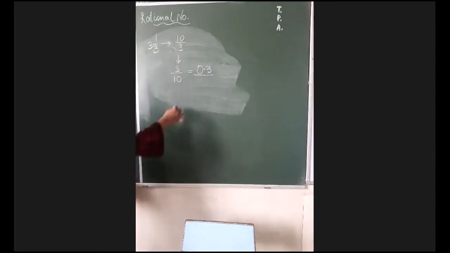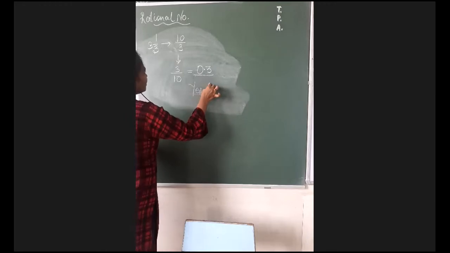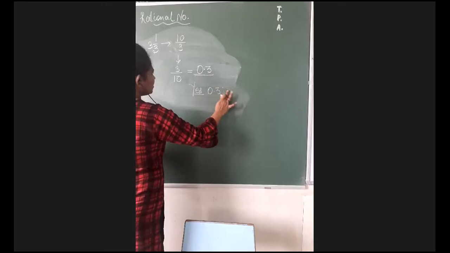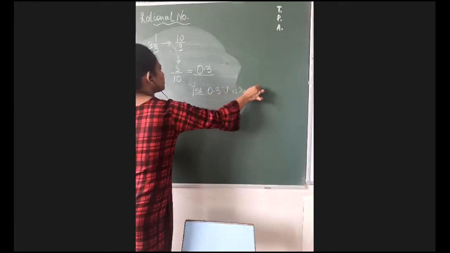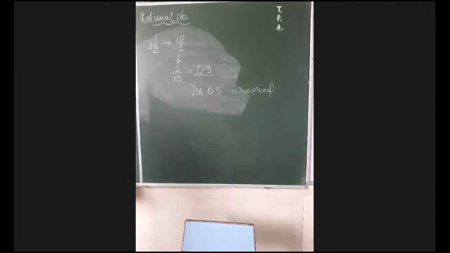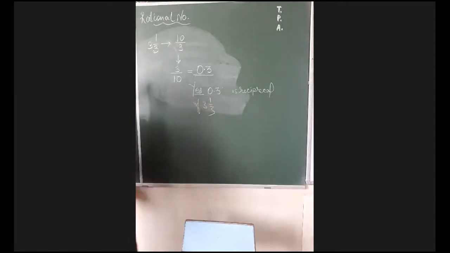So ultimately, your answer is 0.3 only. Ma'am, by multiplying also we can find it. Yes, you can also do that. Yes, 0.3 is the reciprocal of 3 whole 1/3. That is finished now.